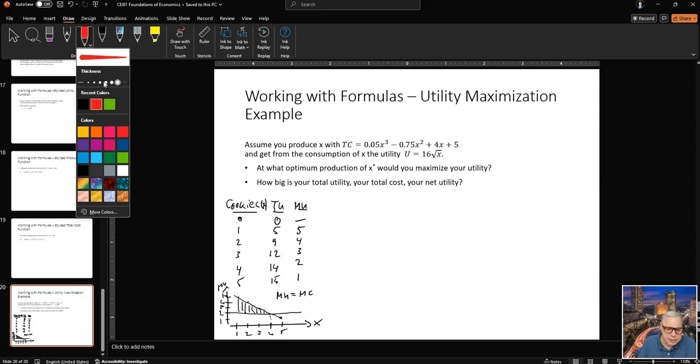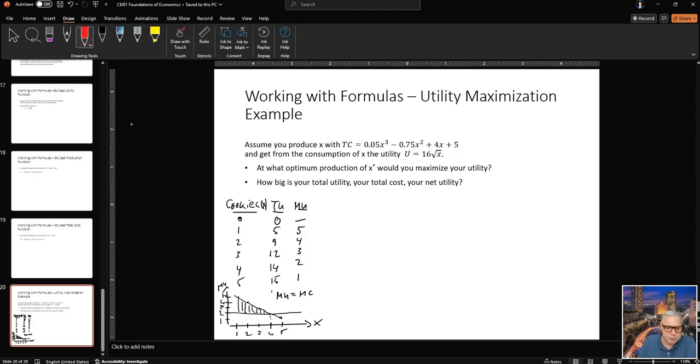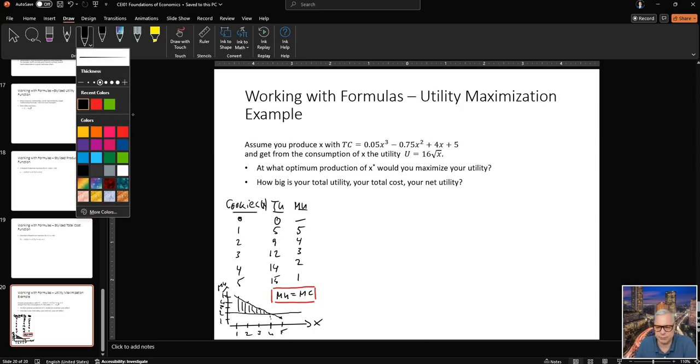So marginal utility equals marginal cost. That is what we already derived intuitively. The only difference now is that we have a more formal environment and we use functions. So here we have a total cost function and the utility function, which are the ones that we already derived earlier.